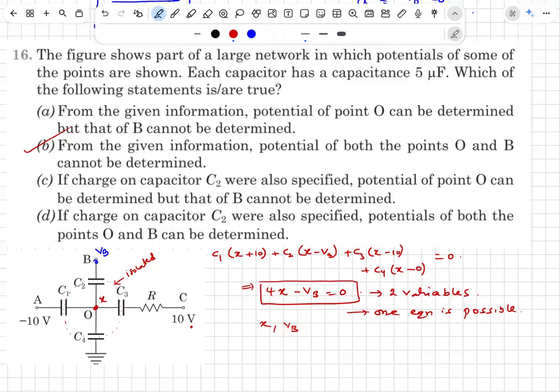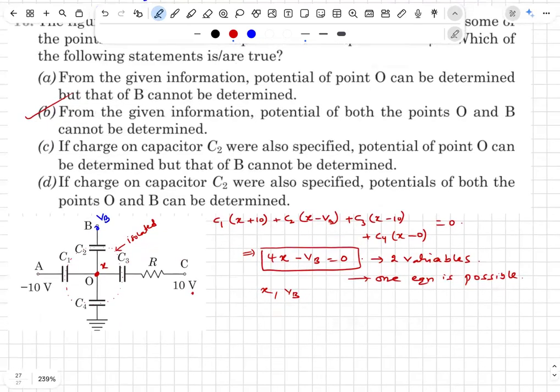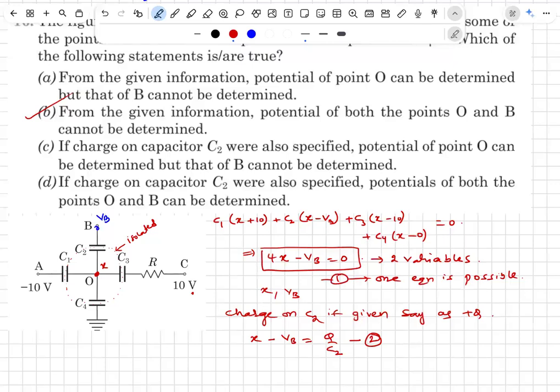Suppose the charge on C2 is given, say plus Q. Then X minus VB is Q by C2, equation 2, and this is equation 1. By solving 1 and 2, I can determine both comfortably. So I can take option D also as a good option.